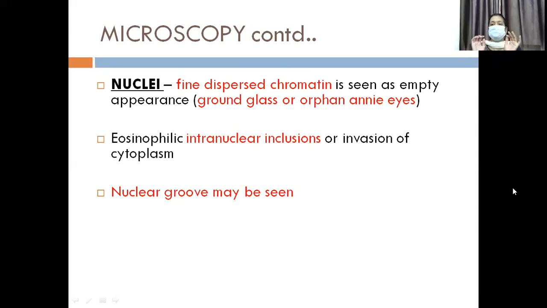So we think that there is some bubble-like thing being seen in the nucleus, but it is actually the cytoplasm which is going in and pushing the nucleus. So it appears like, if you've seen neck rings, how they appear? The nucleus appears like a ring, and inside there will be a vacuum. So this is the eosinophilic intranuclear inclusion that you see.